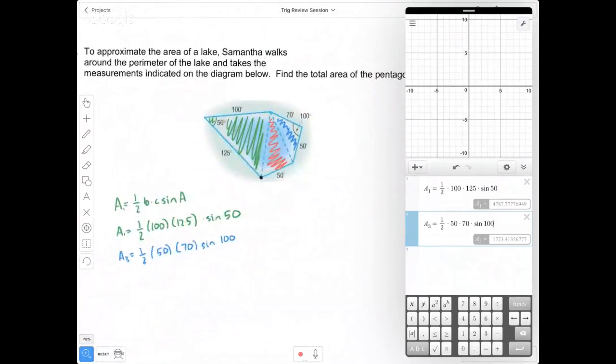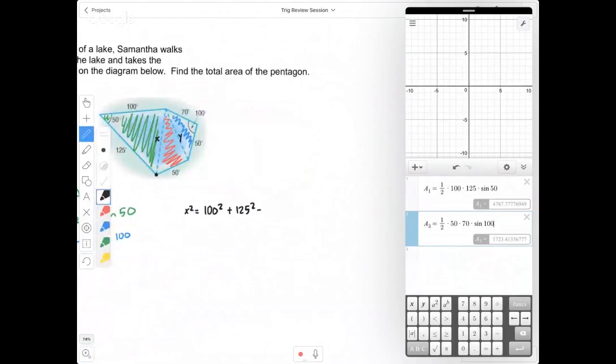Let's see. I'm going to call this side x, and this side y. I'm going to say that x squared would equal 100 squared plus 125 squared minus 2 times 100 times 125 times the cosine of 50 degrees.